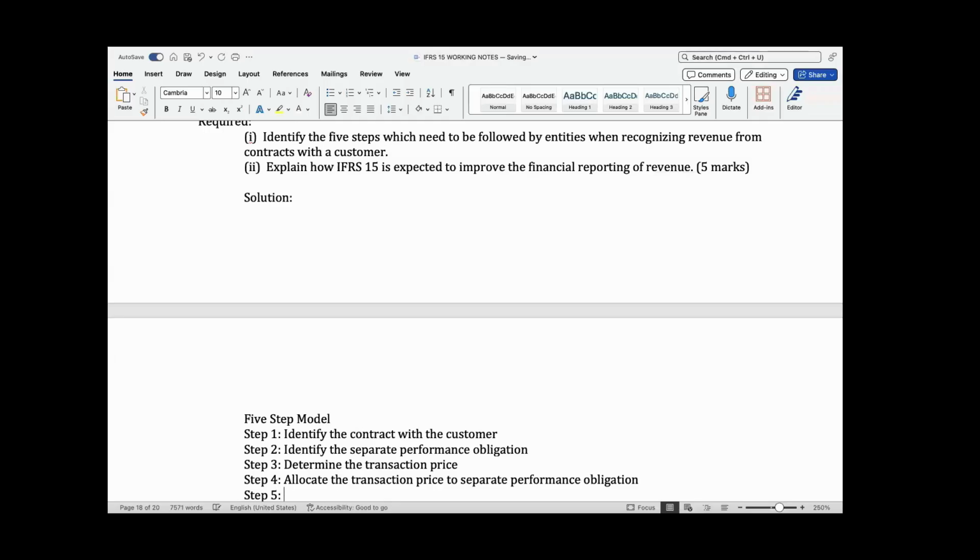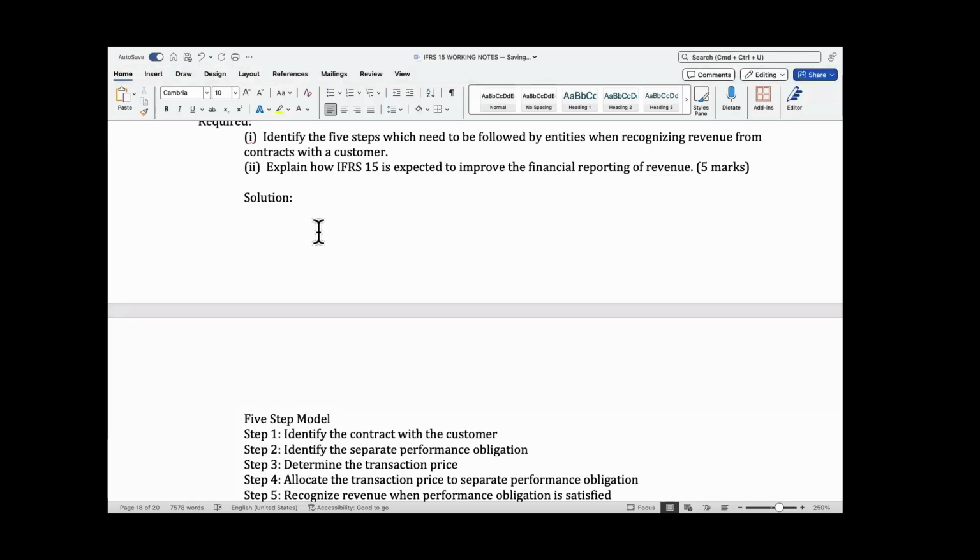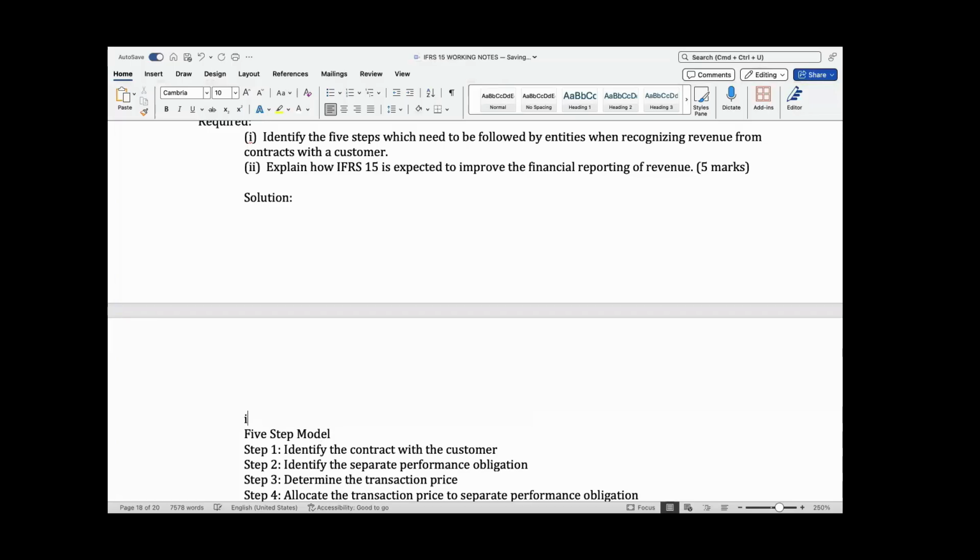And recognize the revenue if the performance obligation is done. Very nice one, Ufoma. That's very good. So this is the 5-step model, and this is the answer to the first part.